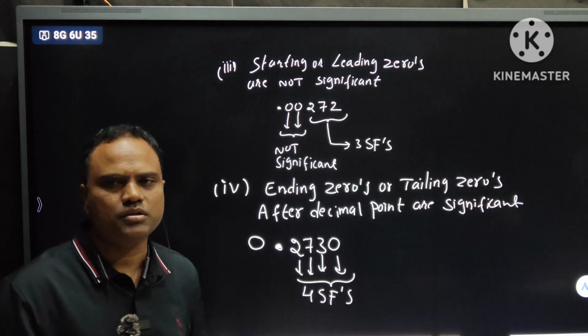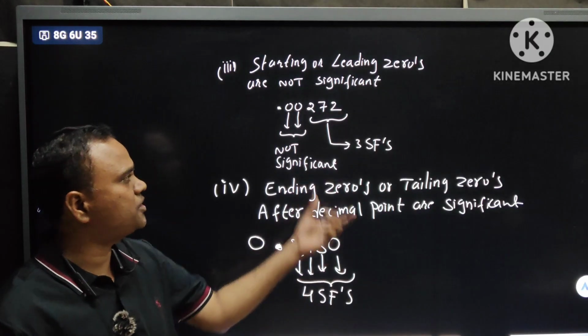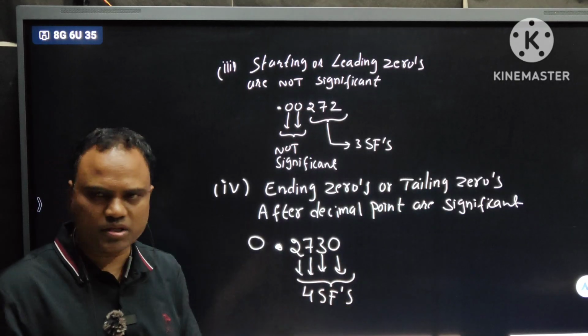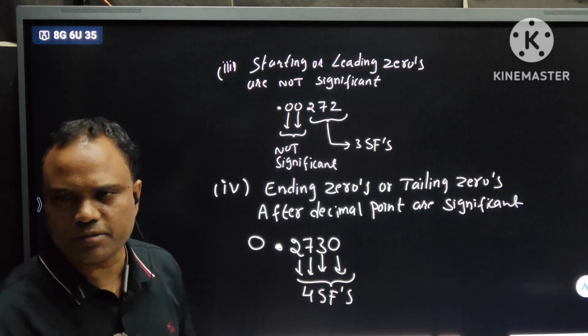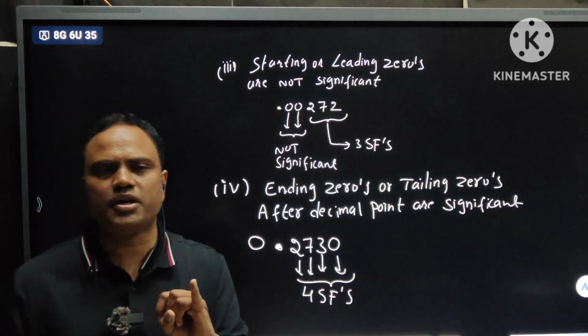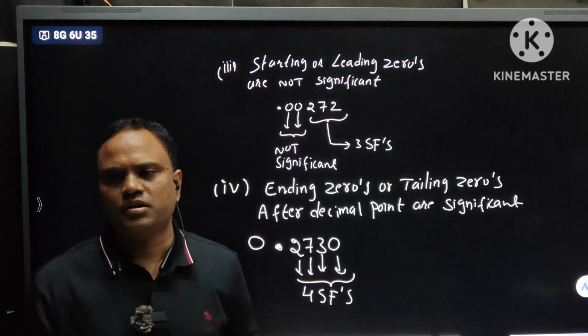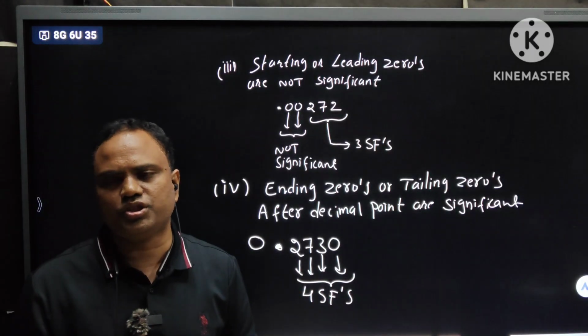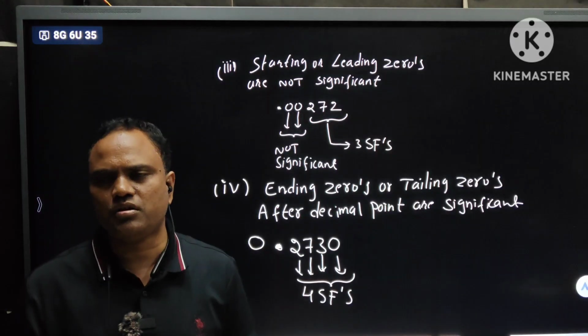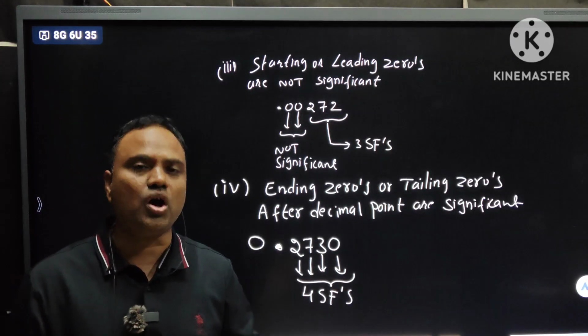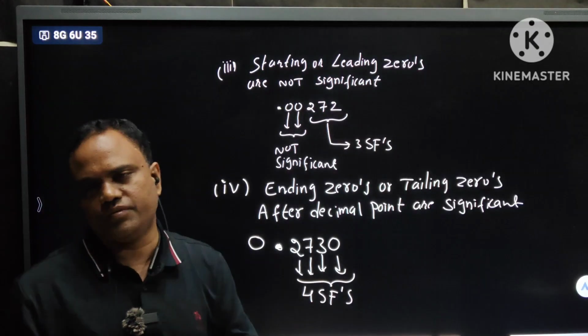So I'll give you some questions based on these points. We covered some points, right? Let us do some questions, then you will get perfection. What is the first point? All non-zero digits are significant. Zeros in between two significant figures are significant. Starting zeros are not significant. Ending zeros after the decimal point are significant.